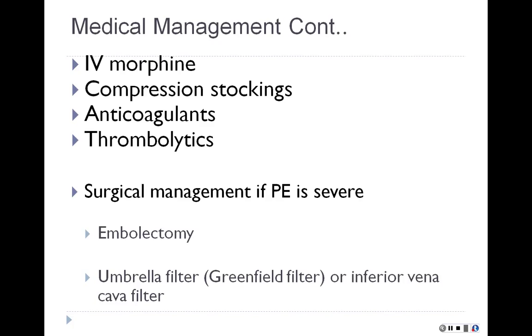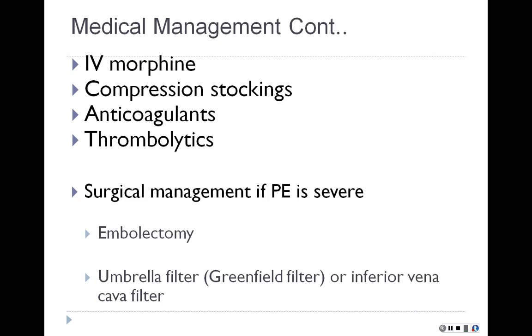And some they will put in, I believe in your book there is a picture of a green filter, and some will call it an umbrella filter, and it's put into the inferior vena cava, and it helps to keep clots from forming. It kind of causes a little turbulence. I hate to say it, but a strainer is what it makes me think of.